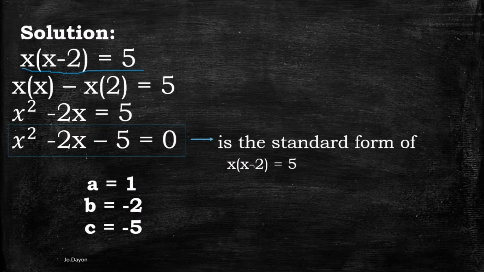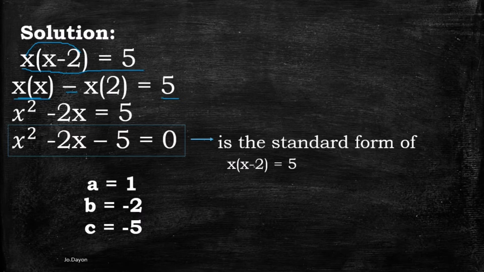By applying the distributive property, we multiply x times x, and then we also multiply x by 2. Just copy the minus sign, and copy 5. So, x times x is x squared.